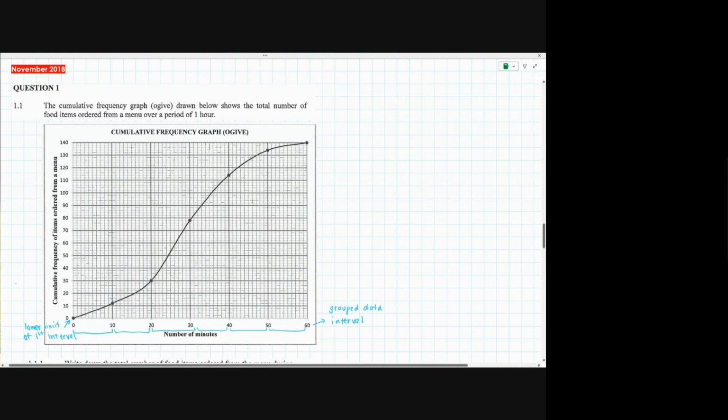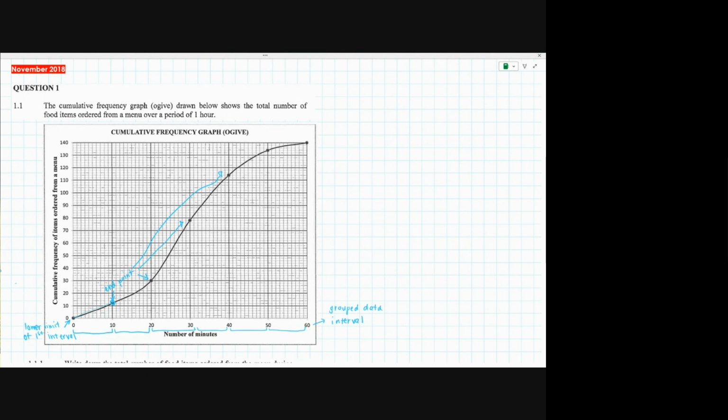This point over here represents the first interval. This is now the end point of your first interval. And each of these subsequent points are the end points of your interval, where the interval ends.